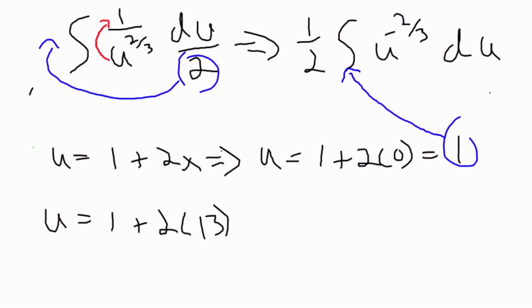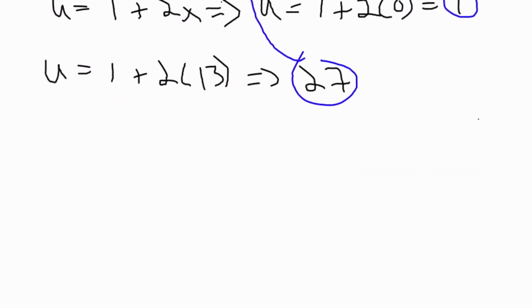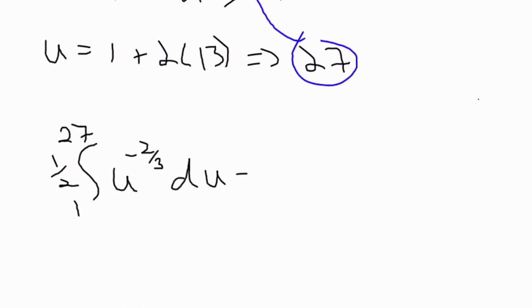Just plug in the upper bound, which gives us 27. 27 is our new upper bound. Okay? Now we have our new boundaries. The only thing left to do is to integrate.